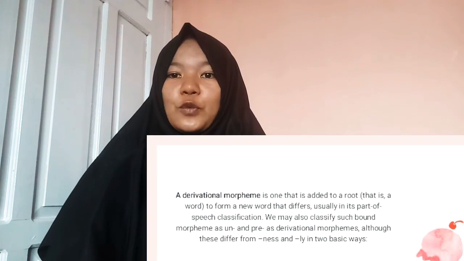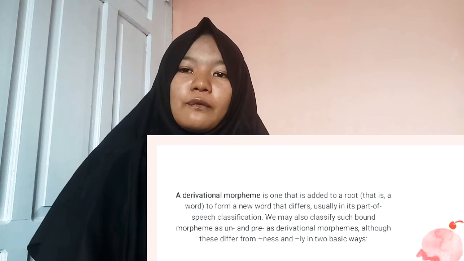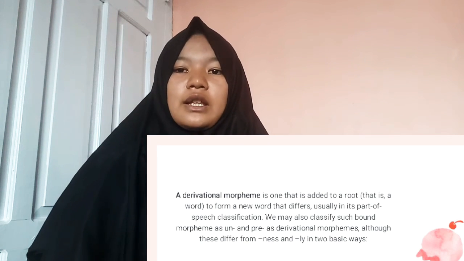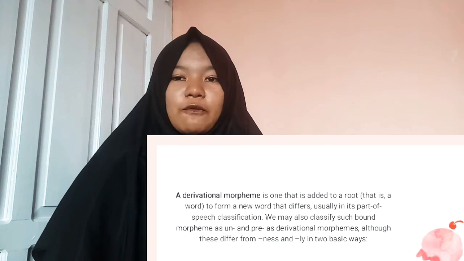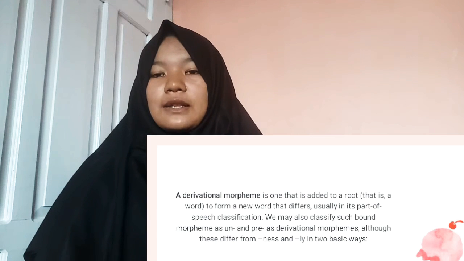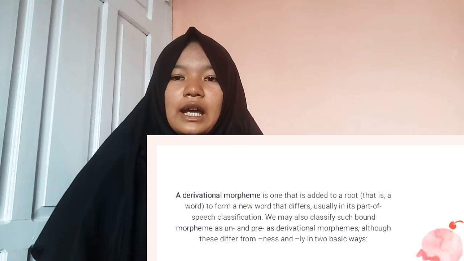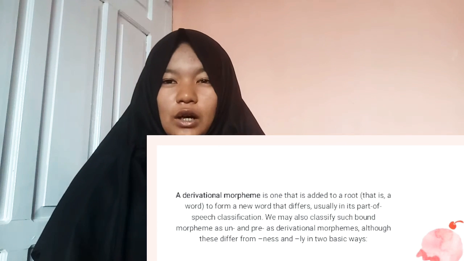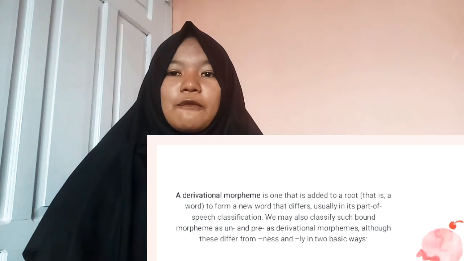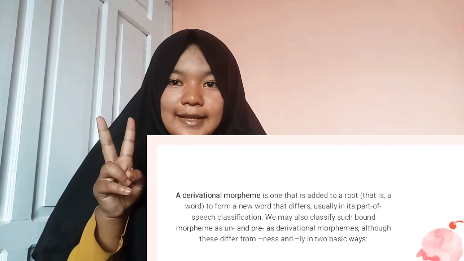A derivational morpheme is one that is added to a root to form a new word that differs, usually in the part of speech classification. We may classify such bound morphemes as pre and an as derivational morphemes, although they differ from ness and ly in two basic ways.